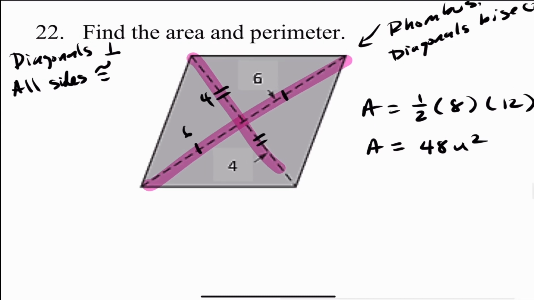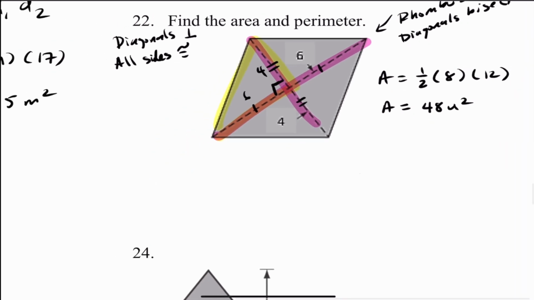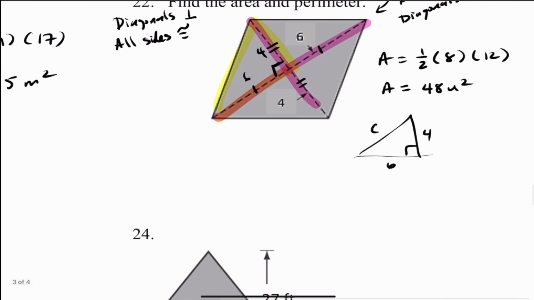All right, so let's just do this. I know that this side here is 6 and this side is 4. And I'm going to draw a right angle there so that we have a right triangle. Can you see that right triangle right there? So we have 4, 6, and this is the side I'm looking for. We're going to call that C.